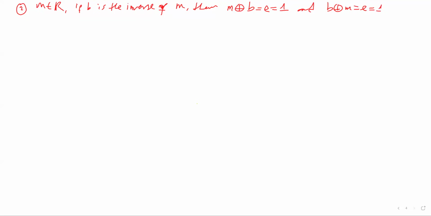So we need to show this case and we need to show this case, and in both cases the inverse should be the same. If it is, then it means that we have found the inverse. So how do we do that? We start from, let me call this 1 and this 2.